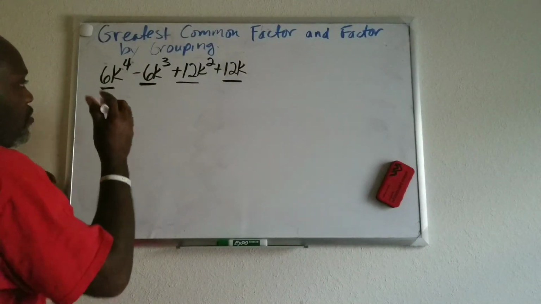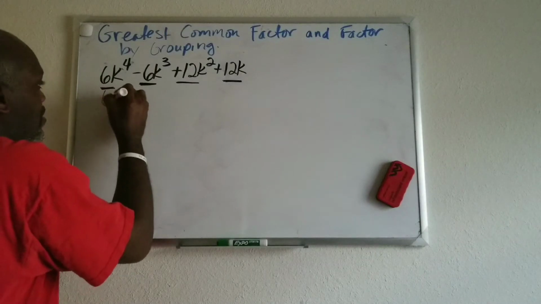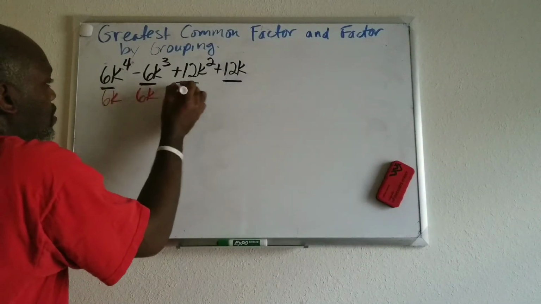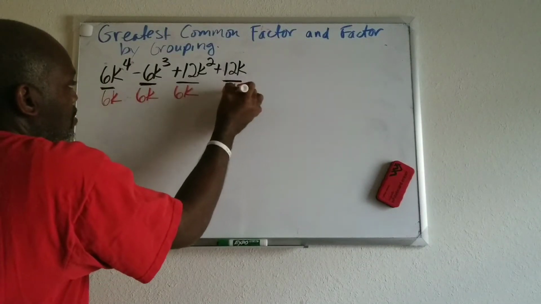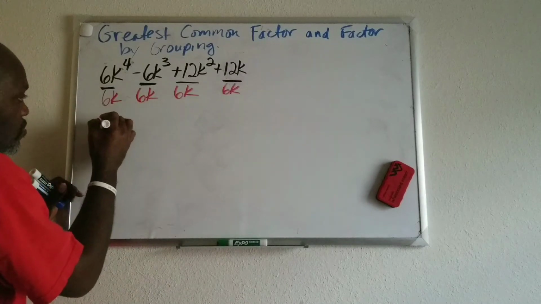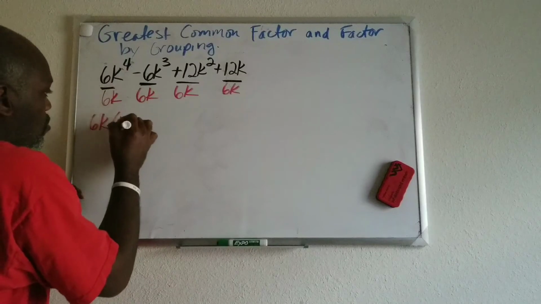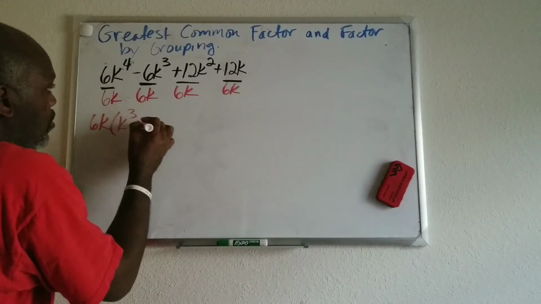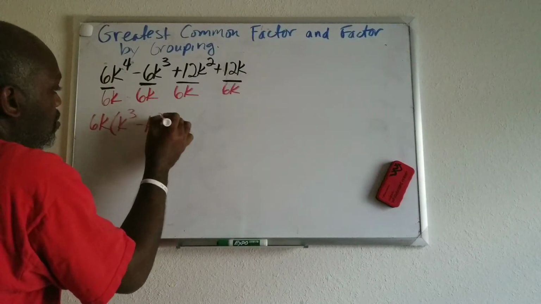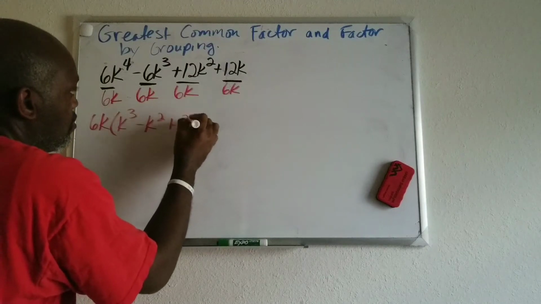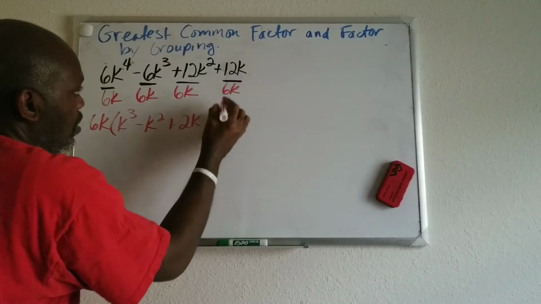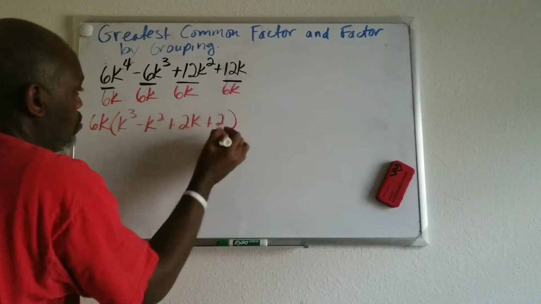So we're going to factor out 6k. So that leaves us with the greatest common factor 6k. Leaves us with k to the third minus k to the second plus 2k plus 2.